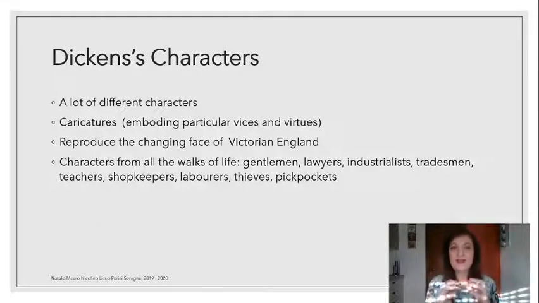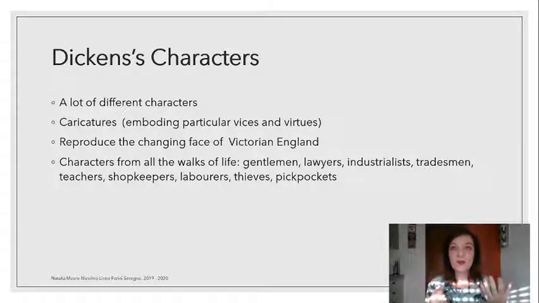Most of the characters that he creates, that he describes, that animate his novels, embody virtues and vices. They're good or they're bad.